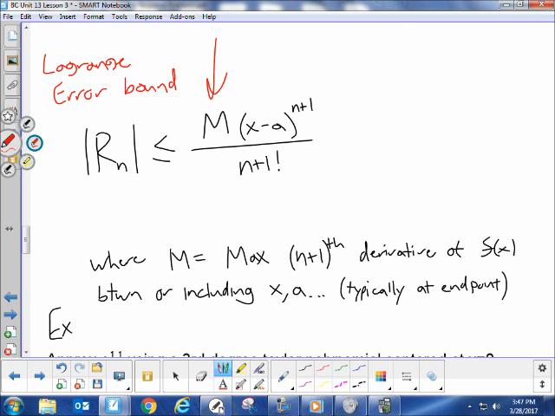It's a simple concept if you understand Lagrange's theorem, where you take a Taylor polynomial, all you can do is just add the next term with a specific derivative. I didn't show you what the derivative was. I wanted to show you an example that exists. And if we know what the maximum value of that derivative could be, we know what its error is bounded by. Does that make sense?